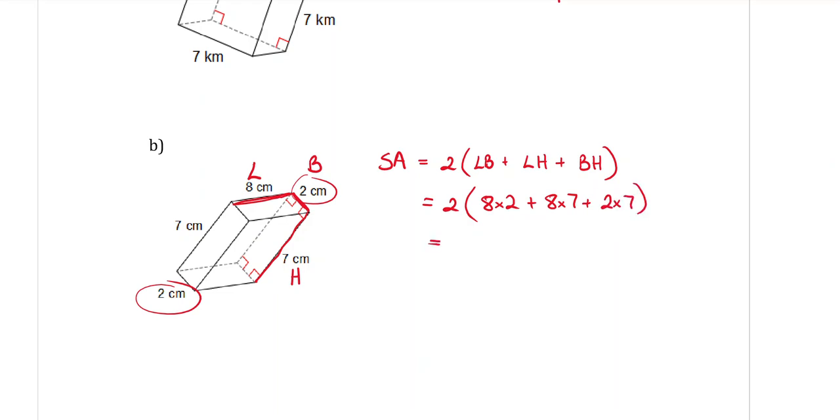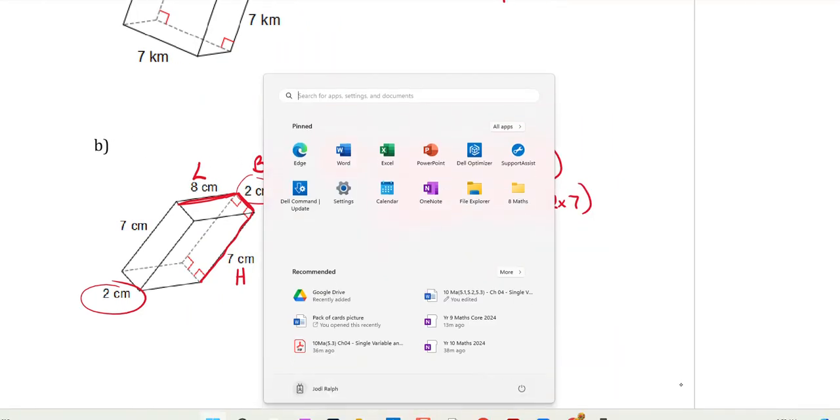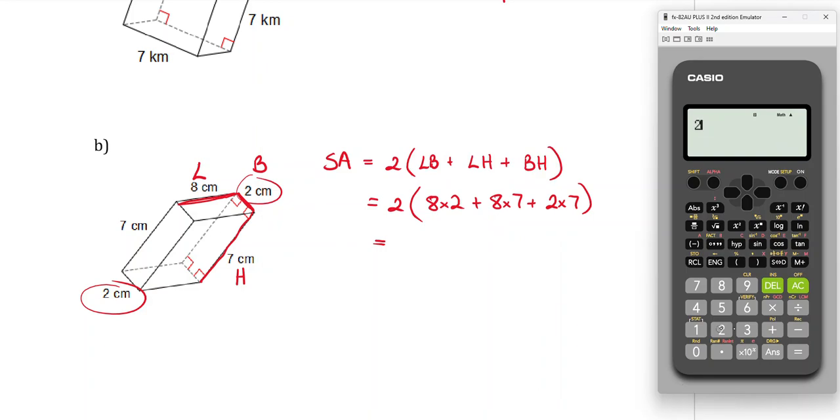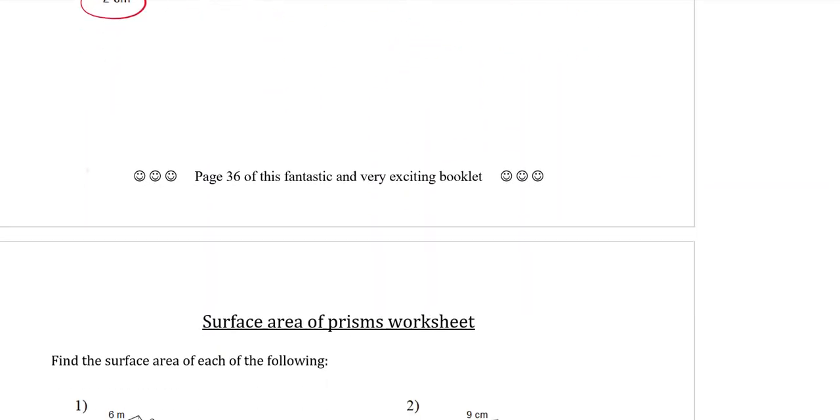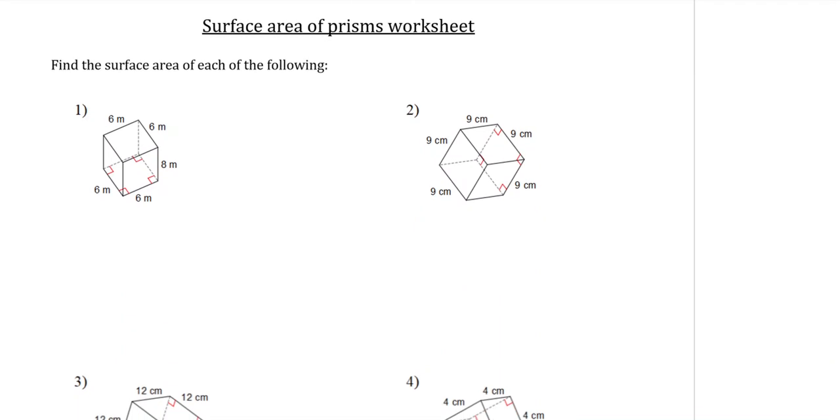Close bracket, type it in the calculator. You get that? 172, and that will be in centimetres squared. All right, you guys have a try starting here.